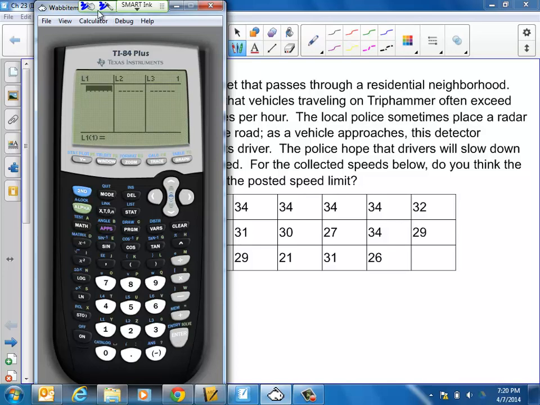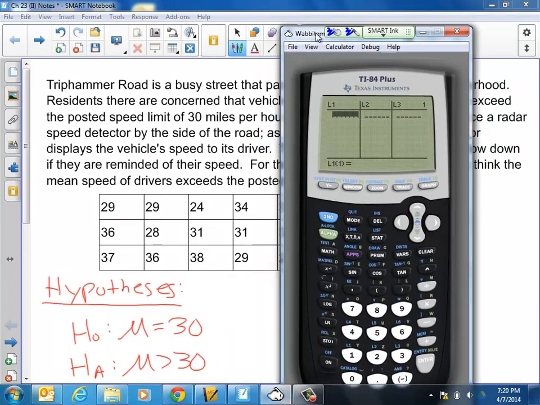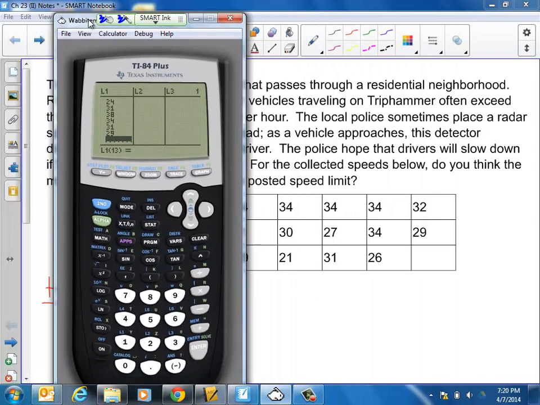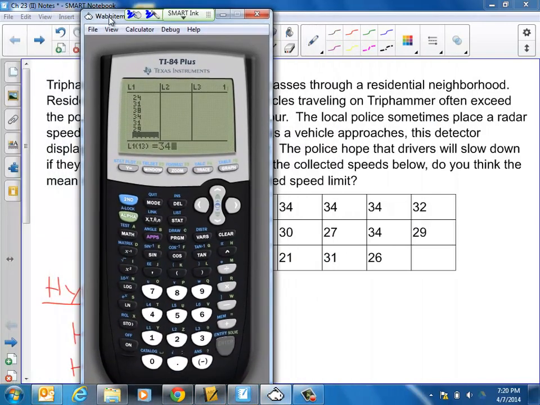So I'm seeing 29, 36, 37, 29, 28, 36, 24, 31, 38, 34, 31, 29, and after that 29, we've got a 34, 30, 21, 34, 27, 31, 34, 34, 26, 32, and 29. Okay, so we've got all 23 data values entered into L1.